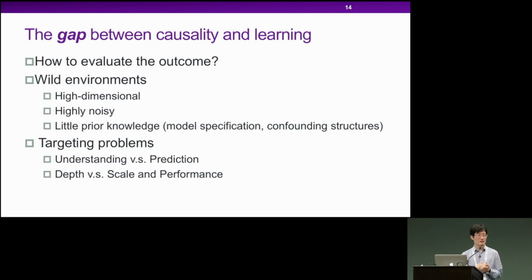Because how do you define causality, right? How can you say that what you estimated is the real true causal effect? Actually, this is a philosophical problem, right? If we cannot provide a very objective evaluation criterion or benchmark, then there is a problem advancing this kind of direction. So from the point of view of learning, we think there are problems there.